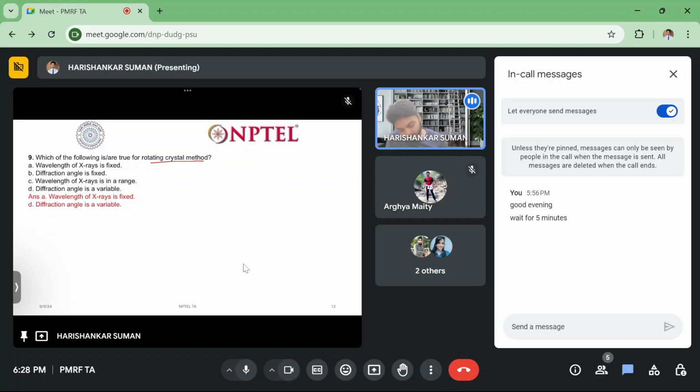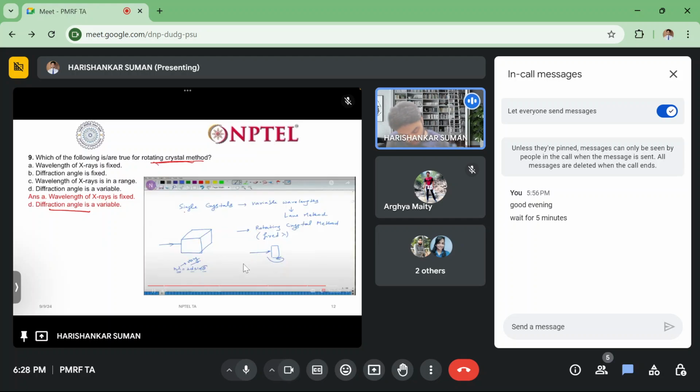So let's discuss. Wavelength of X-ray is fixed for rotating crystal, and the diffraction angle will be variable. You can see in the slide, single crystal: variable wavelength for Laue methods, but rotating crystal methods fix the wavelength and the angle will vary.